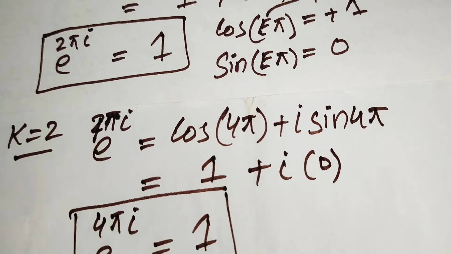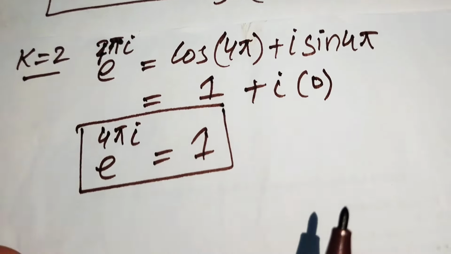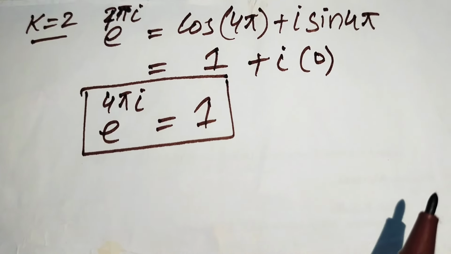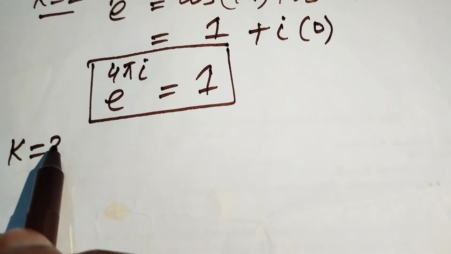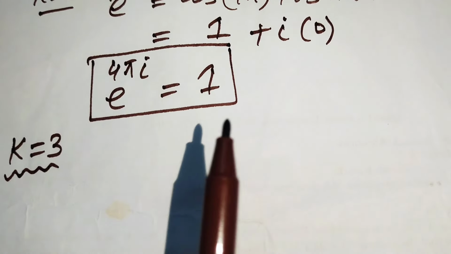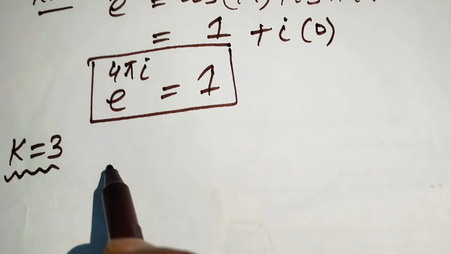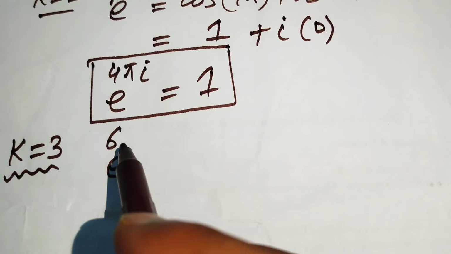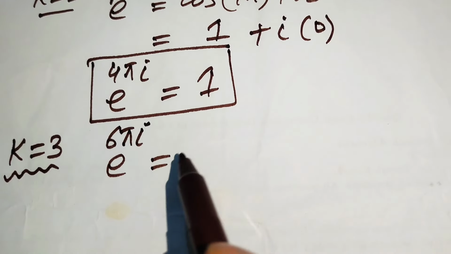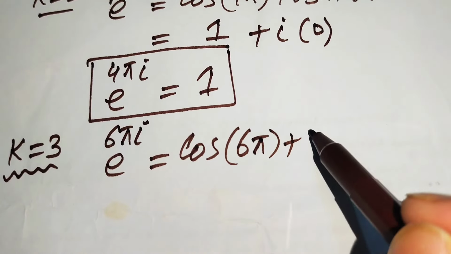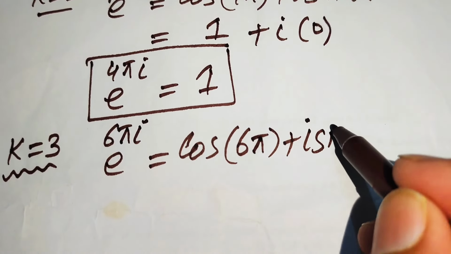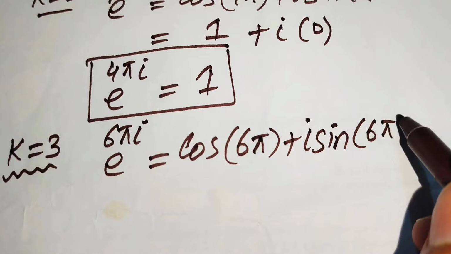So this is the value of e to the power of 4 pi iota, and now we check it for k equals 3. When we substitute k equals 3, we have e to the power of 6 pi iota is equal to cos of 6 pi plus iota sine of 6 pi.